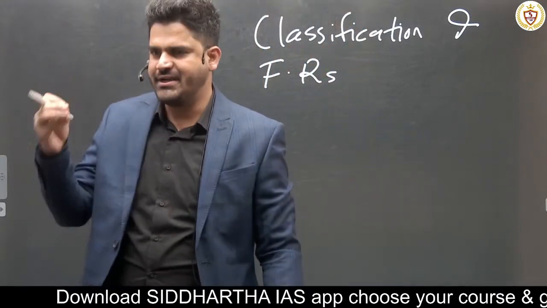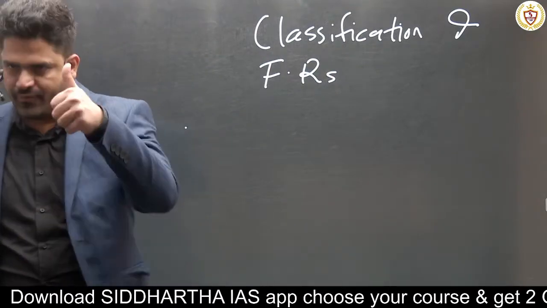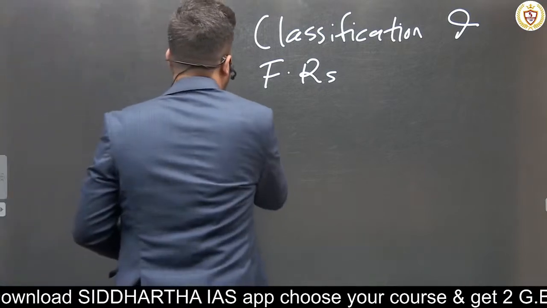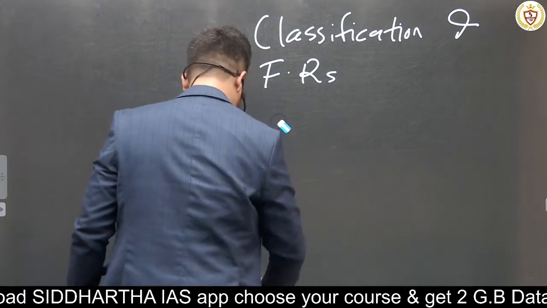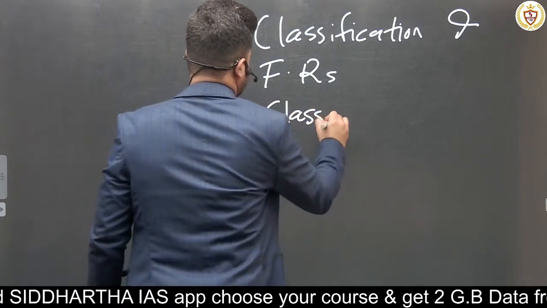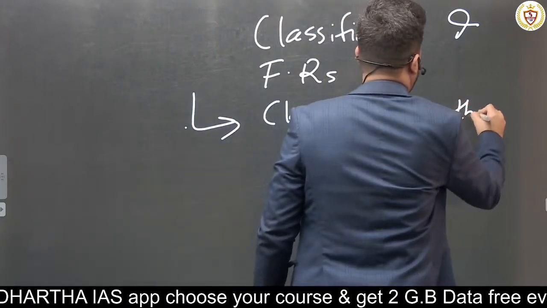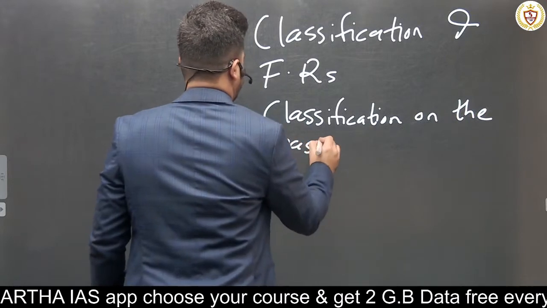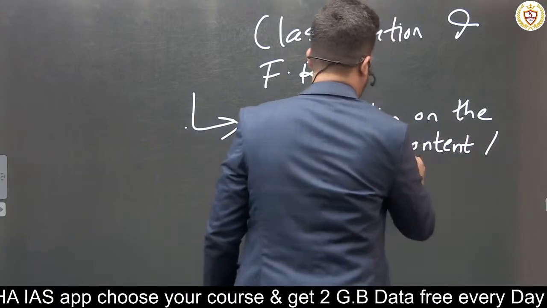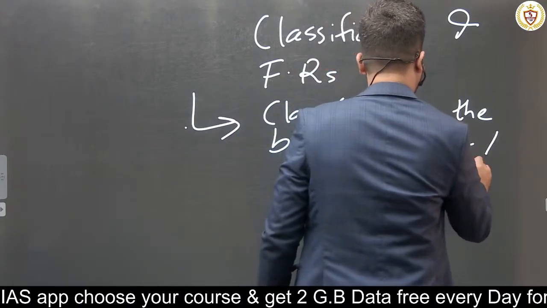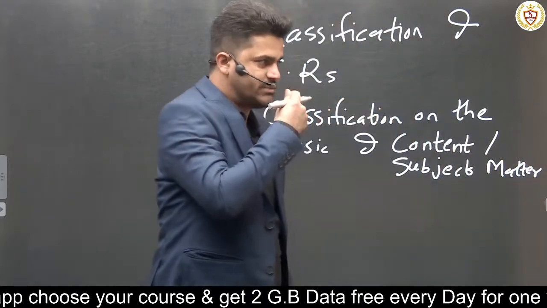Now, fundamental rights can be classified in 3 ways. Okay? First way of classification is on the basis of content or subject matter. Okay, right?